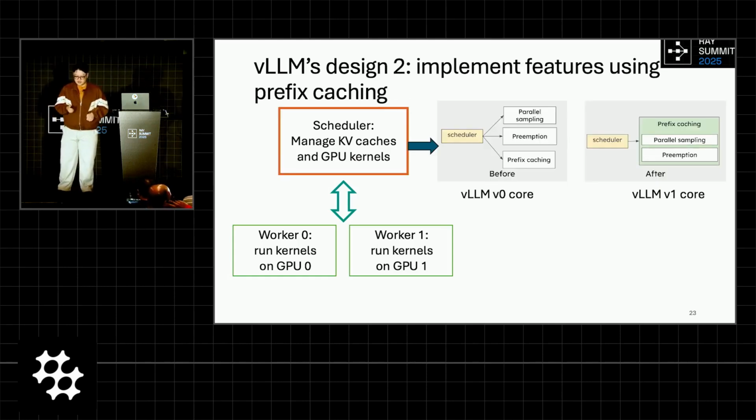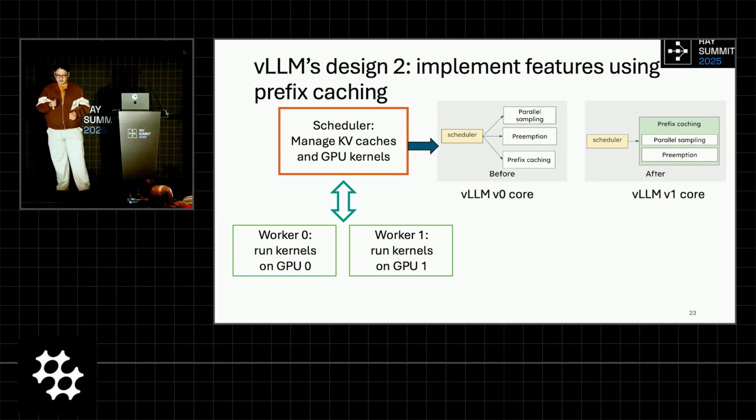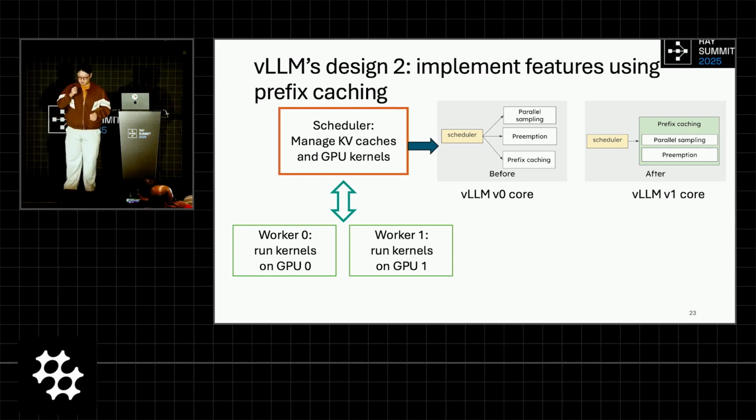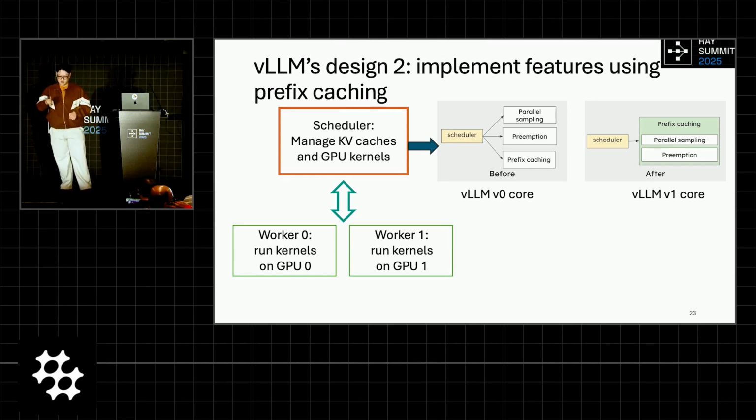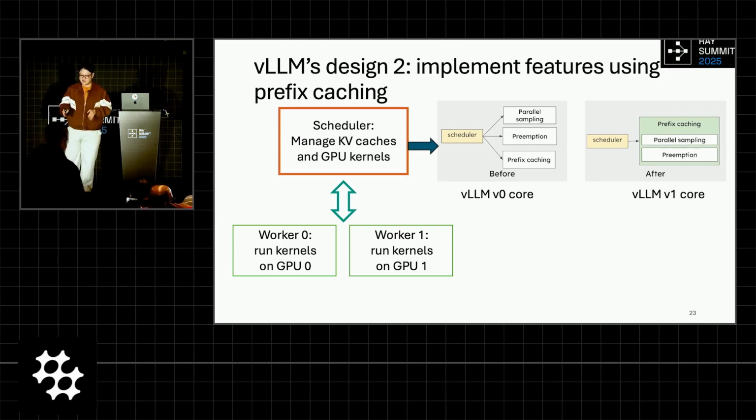The second thing we did: on the scheduler side, we found a key abstraction that vLLM uses to implement functionalities, which is prefix caching. For example, in this figure, in the old vLLM core, they implemented different functionalities separately. Parallel sampling was implemented with a bunch of code, and for preemption they implemented complicated swapping logic, which hurts the scalability of the project, and of course, prefix caching itself.